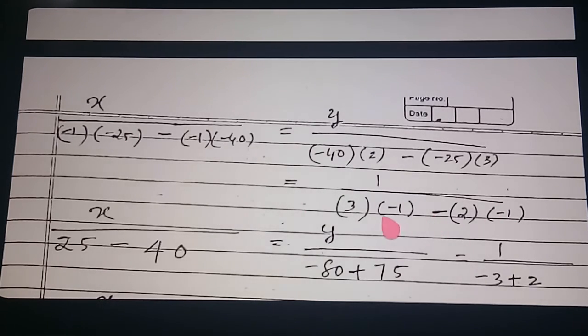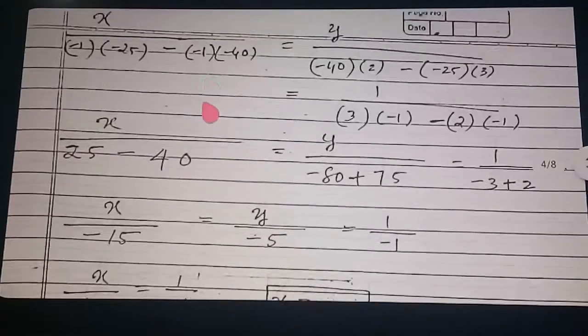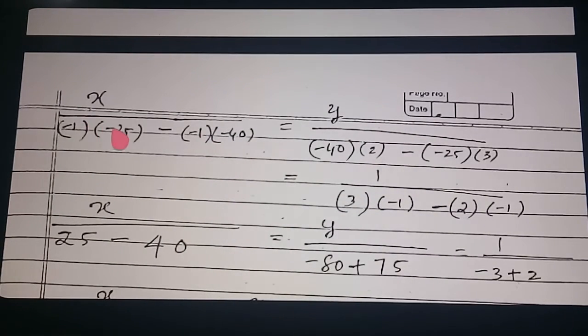Okay, completed. Now see here, minus times plus 25, and here 3 times minus, so minus 40. Here minus 80, and here 2 times minus, so minus 75, and here minus 3 and here plus 2.